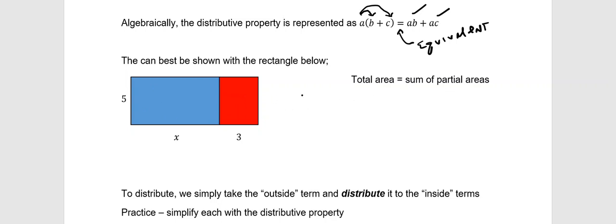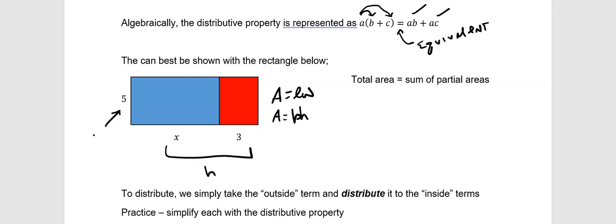So if we think about this rectangle, we know that area equals length times width. And it doesn't really matter which is length and which is width. By the way, we can also say area equals base times height. So if I'm going to call all of that my height, I guess I'm going to call that my base.